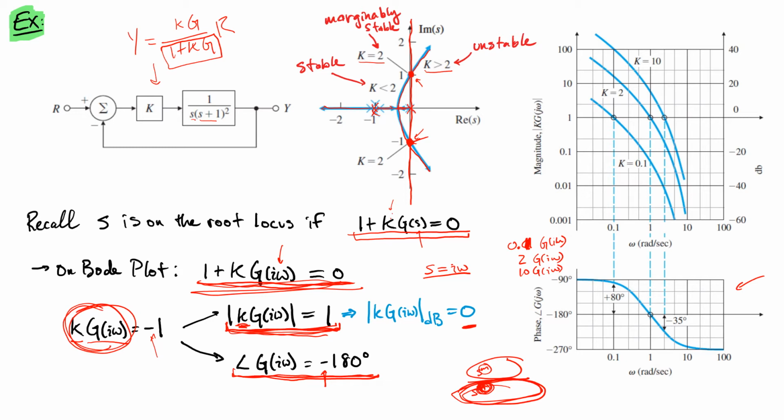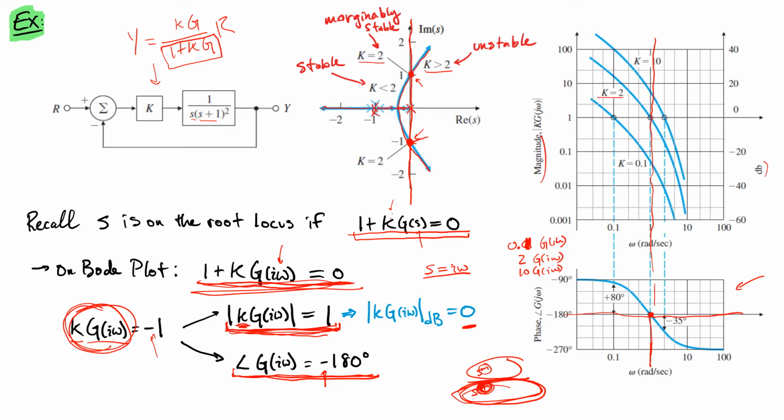But the idea here is that we're going to look at a point where the phase is at minus 180. In this case, the phase is at minus 180 at omega equal to 1. So at omega equal to 1, we're going to look up here and see the value of k for which the magnitude is 1. They plot the magnitude here and the decibel here.